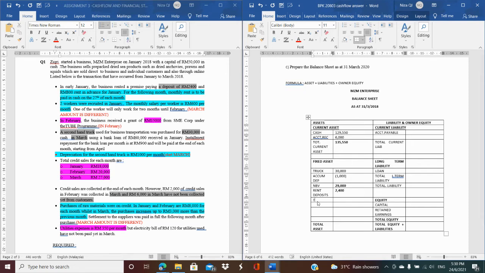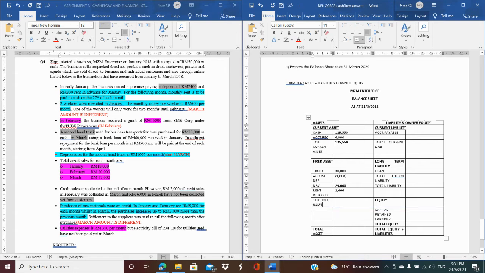Okay, so what will be the total fixed asset amount? Okay, so 29,000 plus 2,400, the amount is 31,400. So what will be the amount of the total asset?